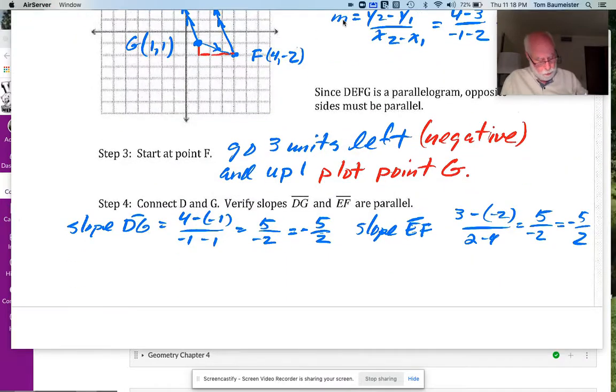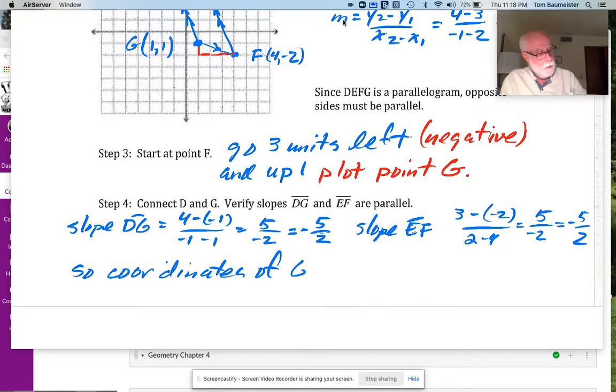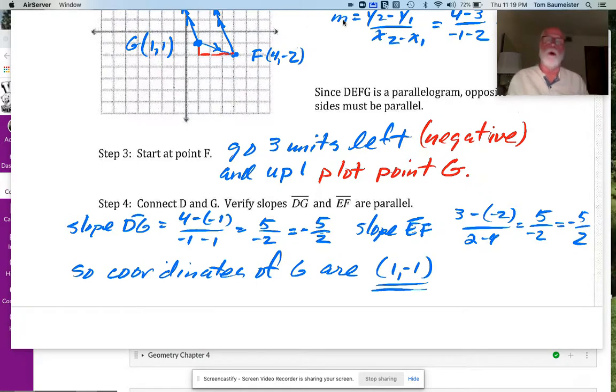And so we can say coordinates of G are 1 and negative 1, which is what they wanted.